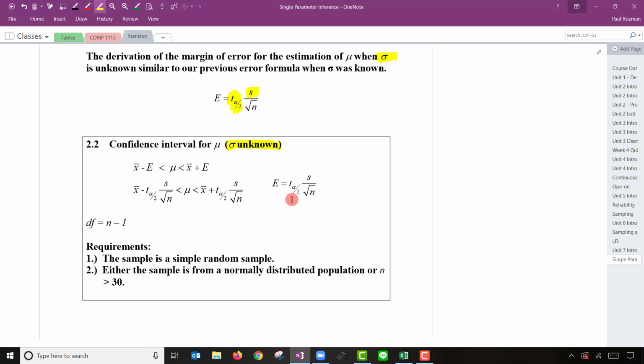And if your population is small, but you know it's normally distributed, then you're good to go as well. That's what this is saying. Either the sample is from a normal population or we have a big sample size. If we meet those conditions, we're good to go with the t-distribution. And remember, when you're reading that t table, it was degrees of freedom of n minus 1.